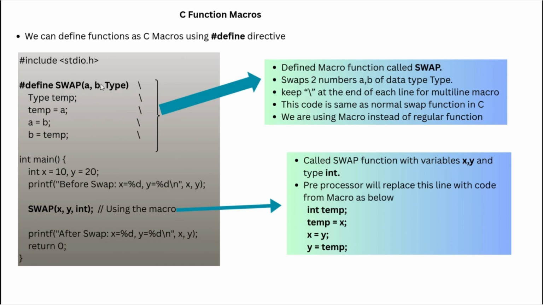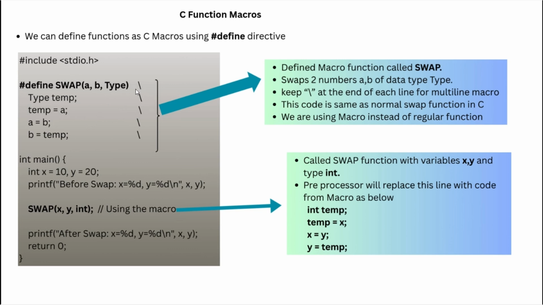Whatever arguments are passed, a, b, will be replaced here. See here I declared one more variable based on type. Here you can pass any type, int, float, double, and the type will be replaced. If you pass int, int will be replaced here. Rest you know already, the swapping function.